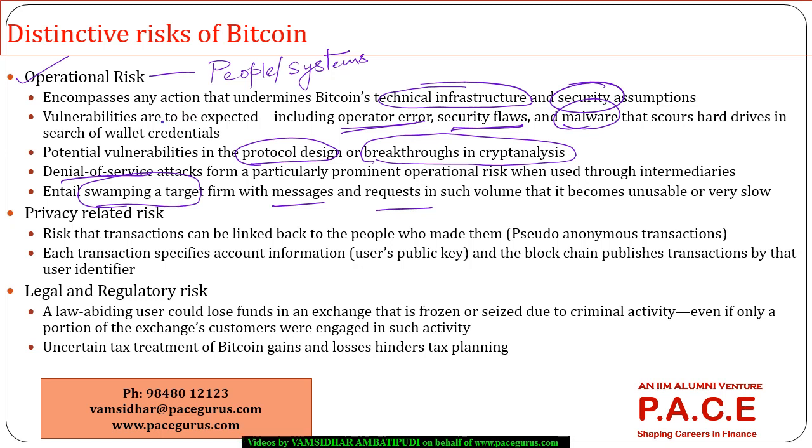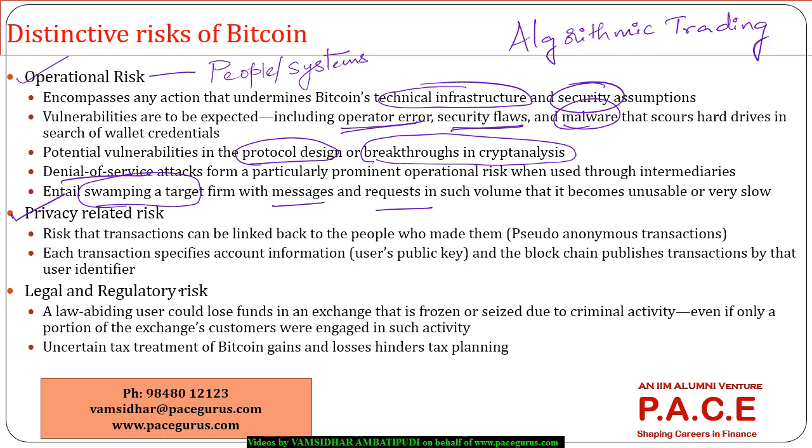Which could be one of the major drivers of the denial of service attack, which is very commonly we observe with respect to algorithmic trading as well, where huge volumes of messages and requests are bombarded to the exchange. But if there is a denial of service because of that, it's a big source of operations risk. So we see that with the usage of Bitcoin, there is a very high possibility of operations risk.